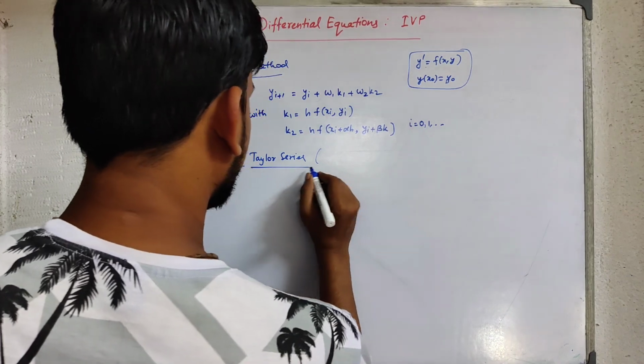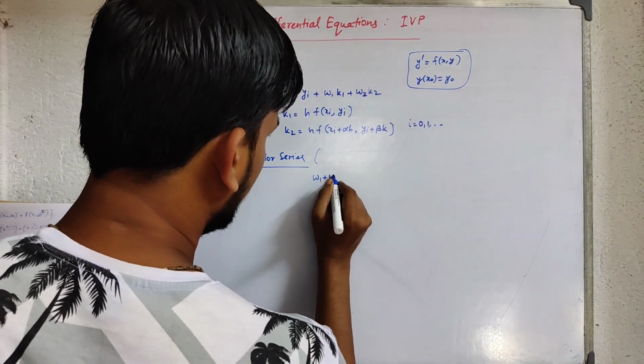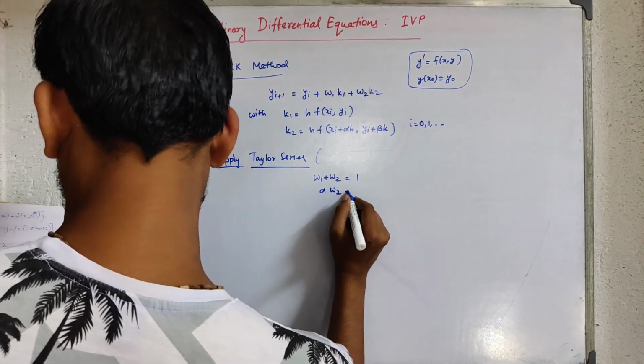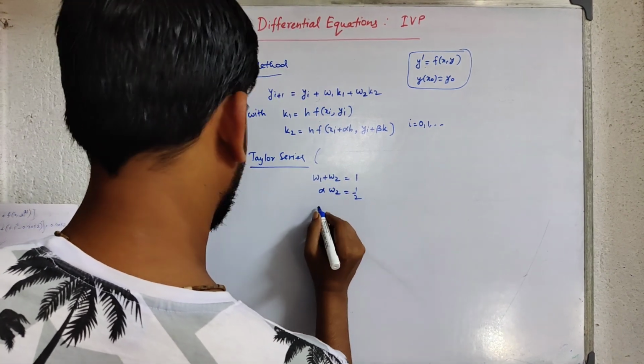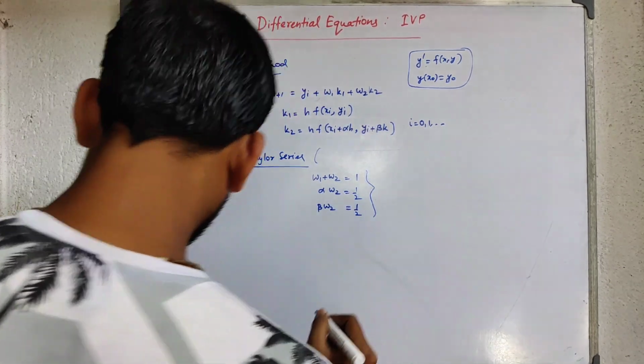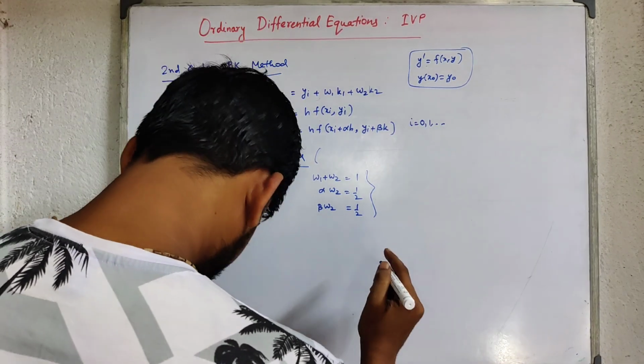Then we obtain, by applying the Taylor series method, W1 plus W2 equal to 1, alpha W2 equal to half, and beta W2 equal to half. These three things are very important. Now this is a system of equations.